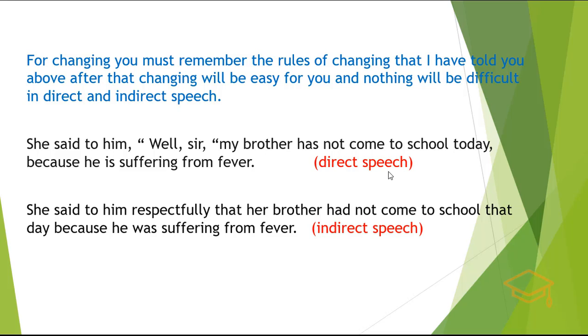"My" changes into "her brother", according to the subject of the reporting speech. And "has not come" is the present perfect tense. It will be changed into past perfect tense, that is "had" and the third form. And "he is suffering from fever": "is" is the present continuous tense. It will be changed into past continuous tense, that is "was". He was suffering from fever.